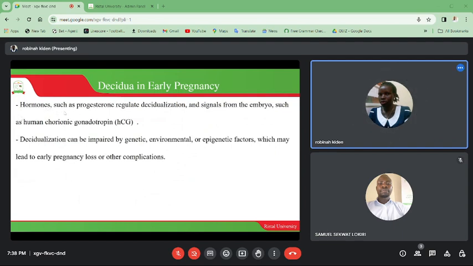So hormones such as progesterone regulate decidualization, and also signals from the embryo, such as human chorionic gonadotropin, which is hCG. Decidualization can be impaired by genetic, environmental, or epigenetic factors, which may lead to early pregnancy loss or other complications.